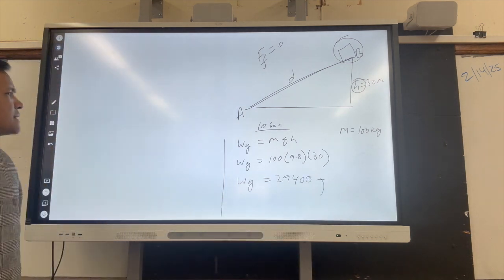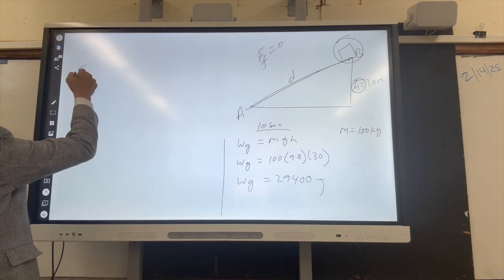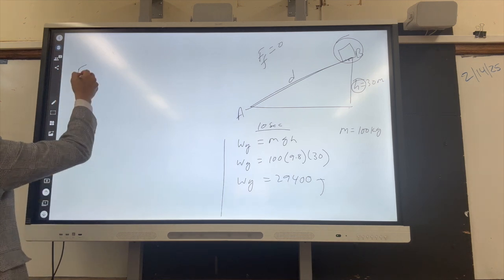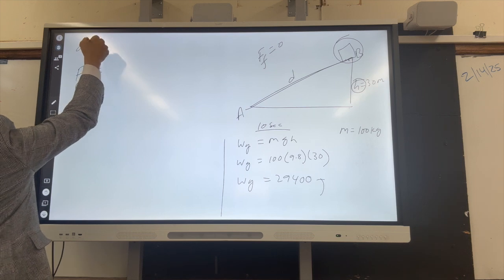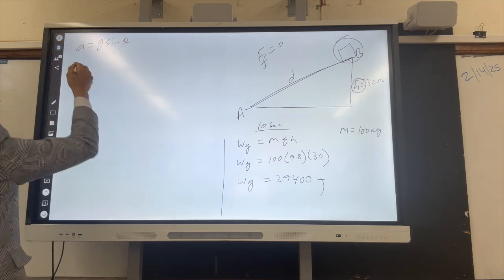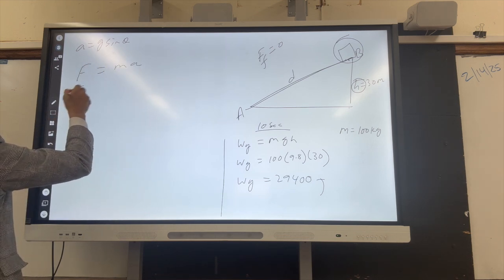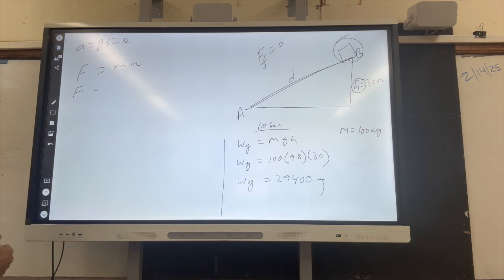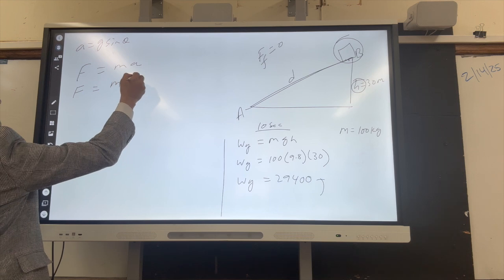Okay, now another way of solving this problem: work done by gravity. F_g parallel is what? Acceleration is g sine theta. So F is equal to ma, so F is equal to m times g sine theta.